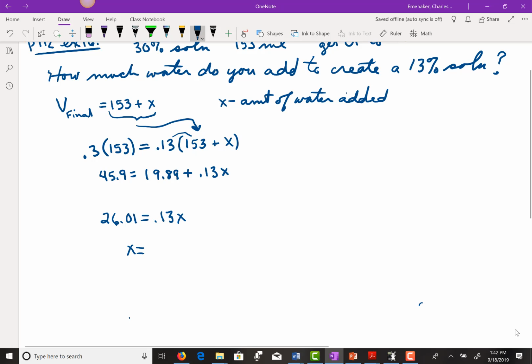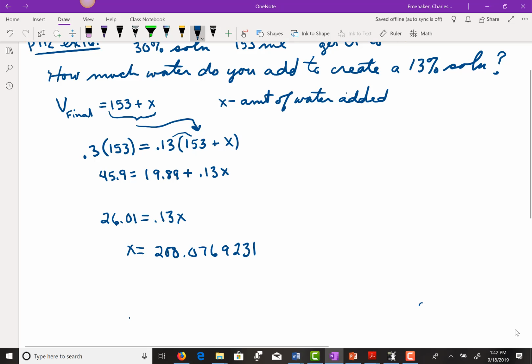Divide by the 0.13. Wow. Actually, it's 200.0769231, if I copy down all of the digits on the calculator, which brings us to a conversation that's often asked on quizzes, tests, and stuff like that.